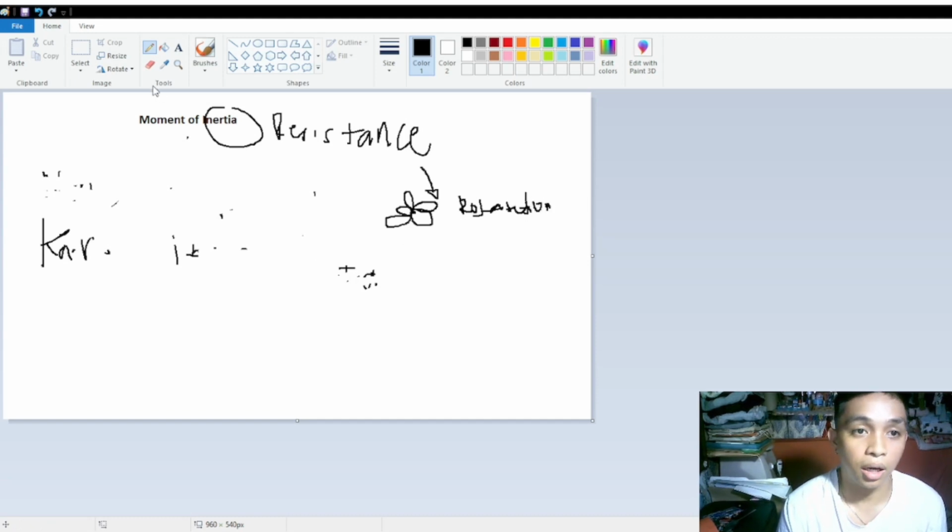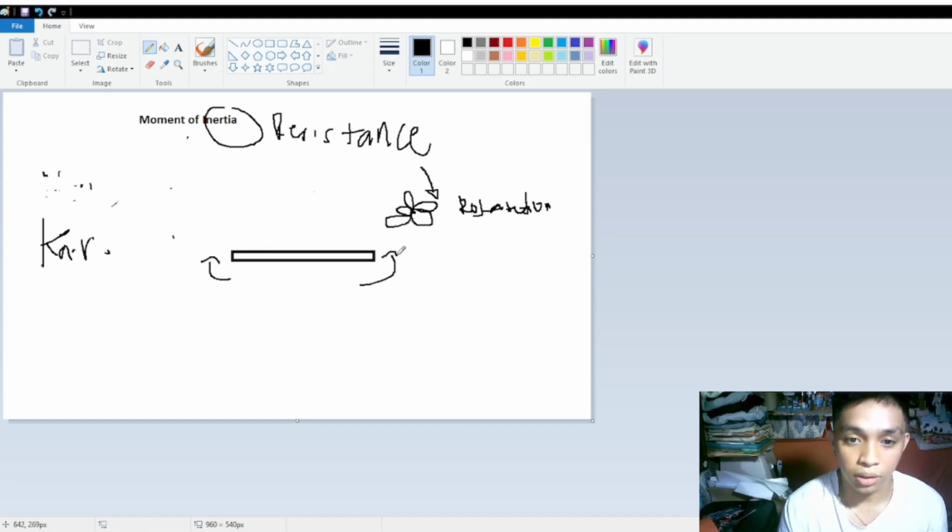What about when you apply a moment to a non-static beam? For example, this will be your beam, and you apply a moment right here. The tendency of this moment is that your beam will bend like this.